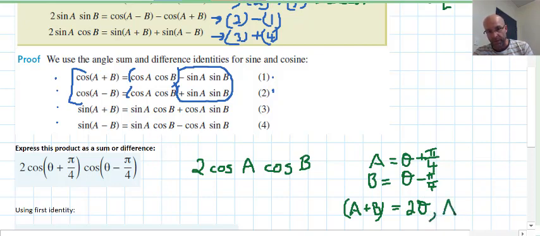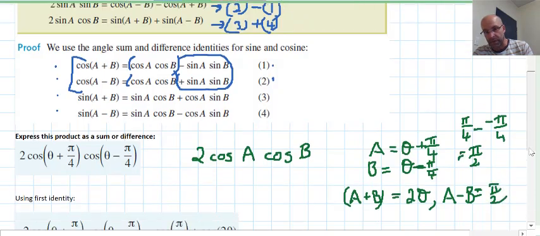And A minus B would be theta minus theta, and then pi on 4 minus negative pi on 4. Let me just explicitly show that one. Pi on 4 minus negative pi on 4, because this one here has a negative sign on it. So it's pi on 4 plus pi on 4, which is pi on 2.